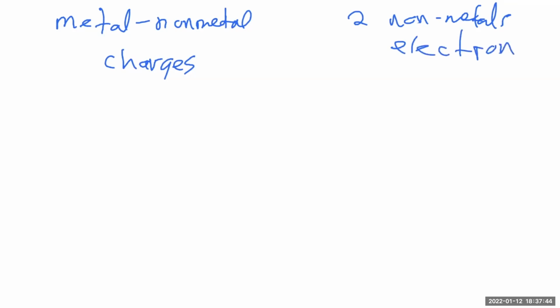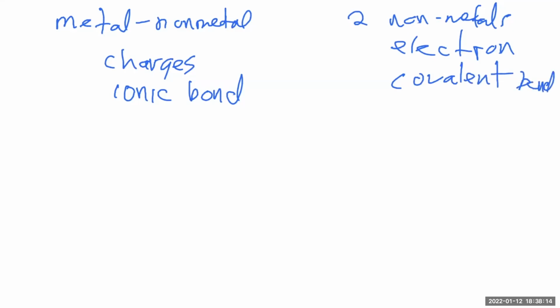They tend to share electrons. Metals and non-metals transfer electrons. So when a metal combines with a non-metal, that's called an ionic bond. That's when charges are involved. When a non-metal combines with a non-metal, this is what's called a covalent bond.